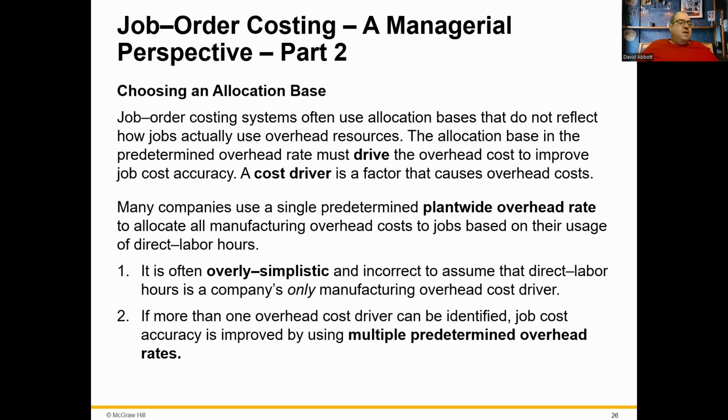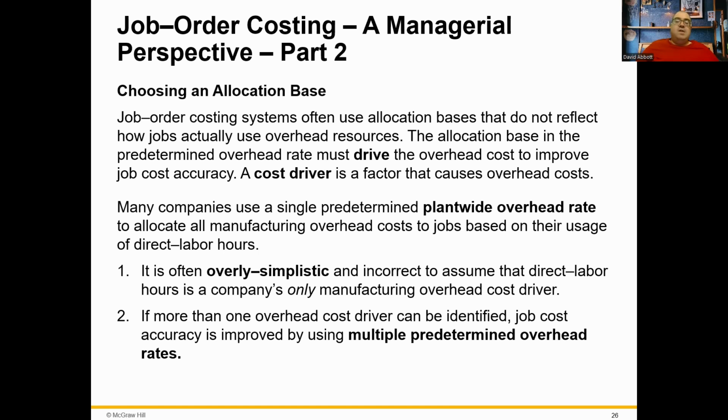So we see that job order costing systems often use allocation bases that do not reflect how jobs actually use overhead resources. The allocation base in the predetermined overhead rate must be the cost driver and help to improve job cost accuracy. So again, it has to match what it is.